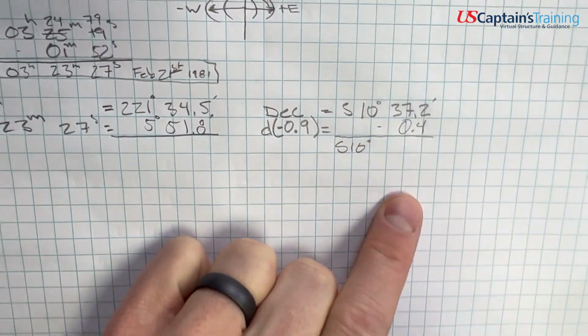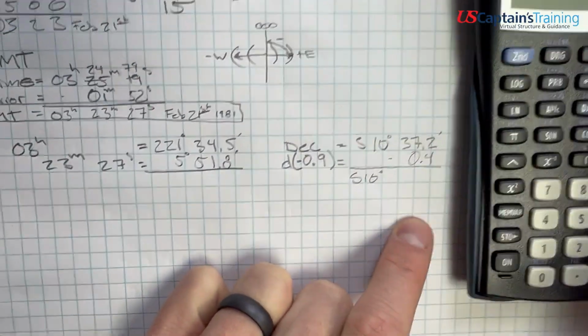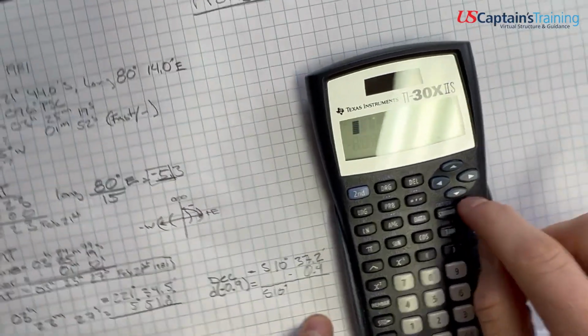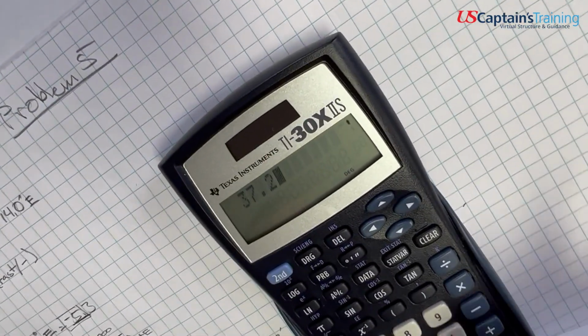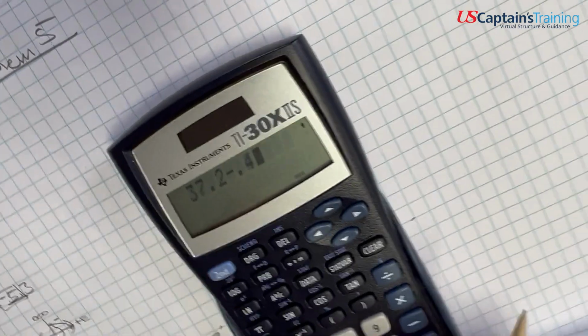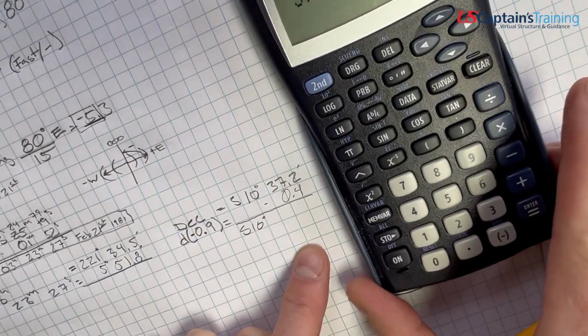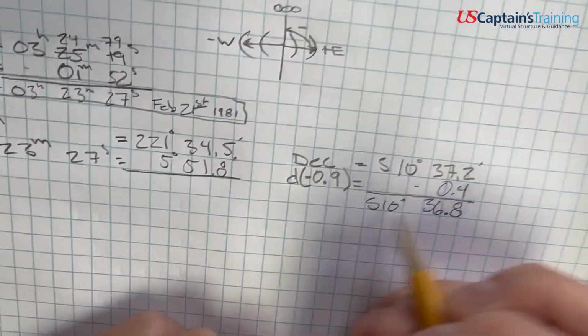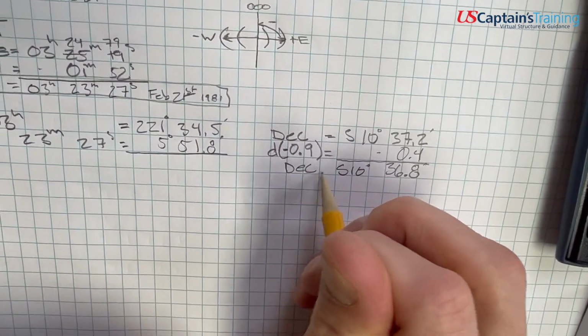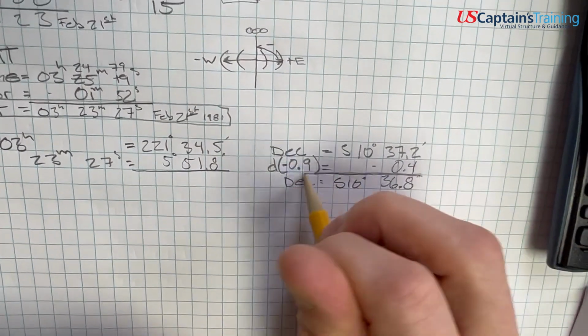Okay, let's just do that on the calculator rather than adding all this borrowing. 37.2 minus 0.4 equals 36.8. 36.8 minutes. This is our declination. South.